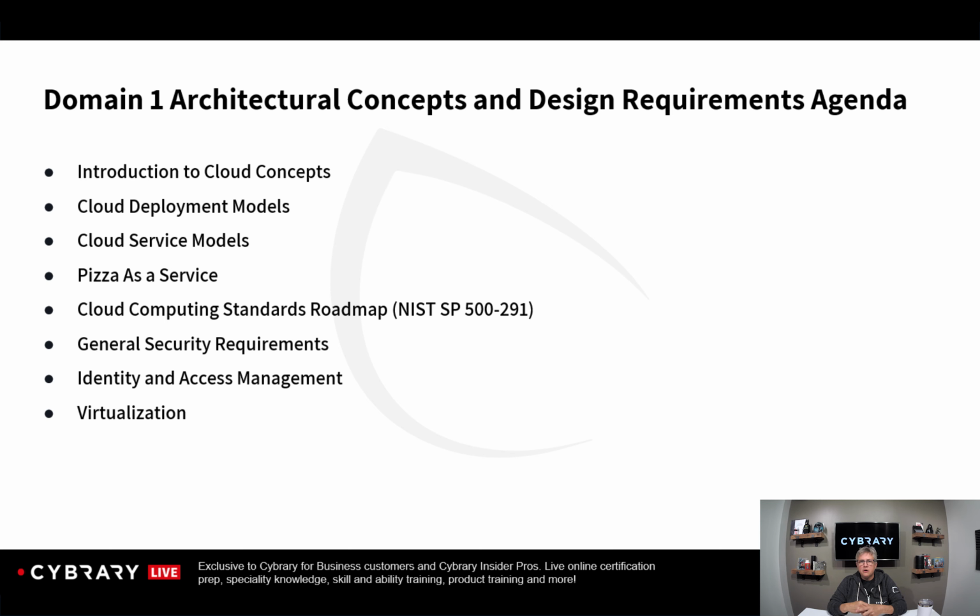All right, and then we'll talk about some general security requirements in relation to cloud computing. For those of you that have taken CISSP or even Security+, you'll find a lot of the same principles that exist on our internal network apply to the cloud as well. We may just be scaling up, or we may have a slightly different perspective, but we keep going back to the CIA triad: confidentiality, integrity, and availability.